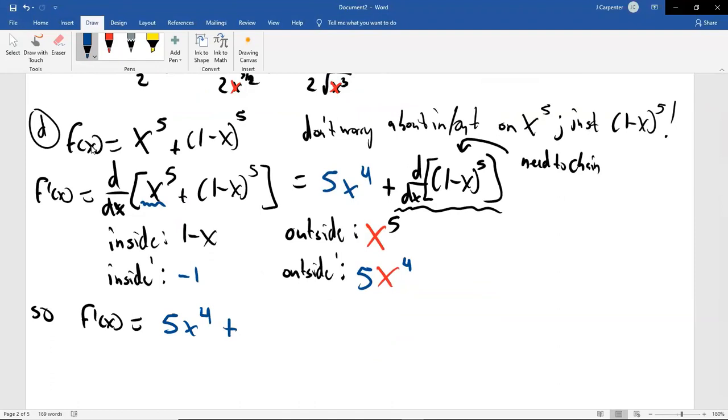So the derivative of the inside times the derivative of the outside, where the red x really is the inside. So plus negative 1, that's the derivative of the inside, times the derivative of the outside, that's the 5, then our x is really 1 minus x. Again, this x, we now write what the inside is. When you go to write the actual derivative, write what the actual inside is. And then that was supposed to be the fourth power.